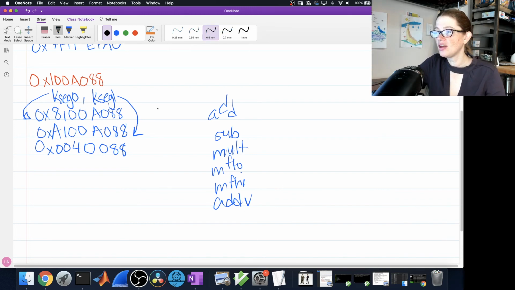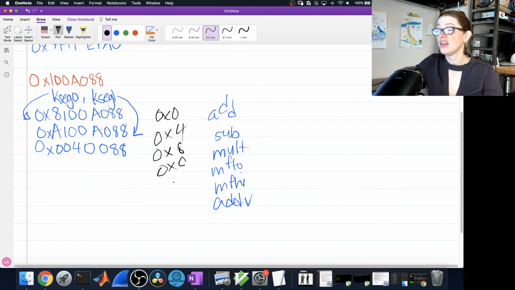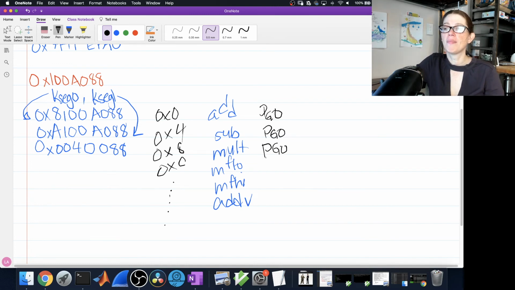Well, this would be address 0, this is address 4, address 8, address C, and so on and so forth. So these are sequential instructions. What that means is that if this is on page 0, then this is probably on page 0, and this is probably on page 0. So both temporally and spatially, I'm going to use page 0 in the future.